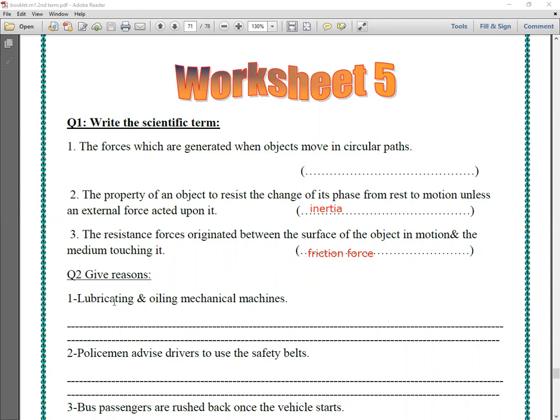Question number 2, give reason. Lubricating and oiling mechanical machines. Why?